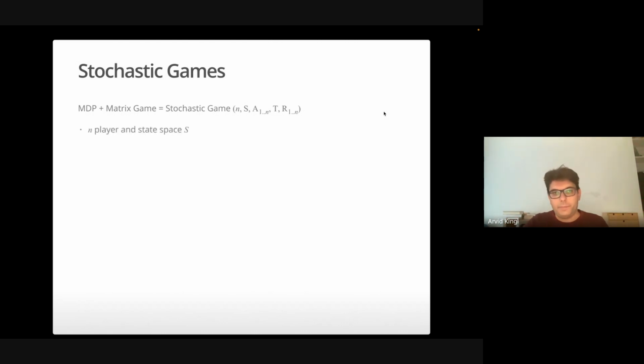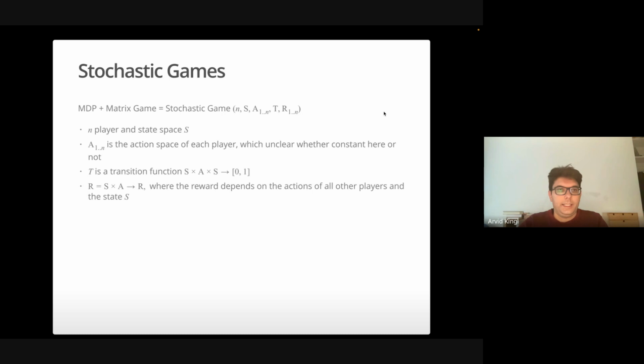So again, you have n players and a state space. You have the actions, which I don't think have to be the same as you go from state to state. If you go from state 1 to state 2, you might remove actions or increase the number of actions available to you. You have, again, a transition function, and a reward function, which again depends on the transition and might be stochastic, and so on and so forth.